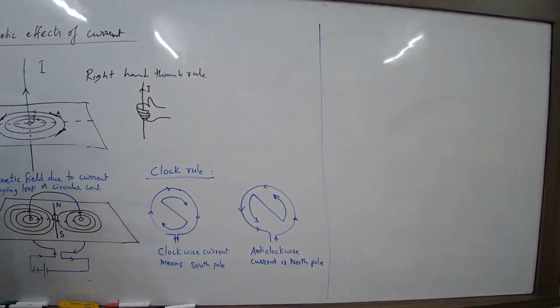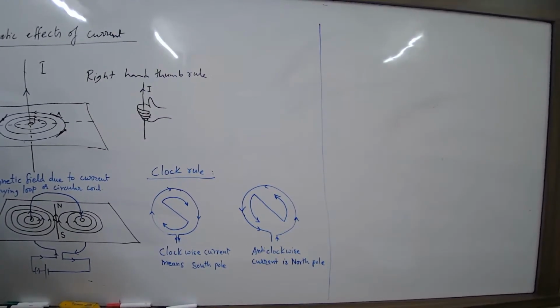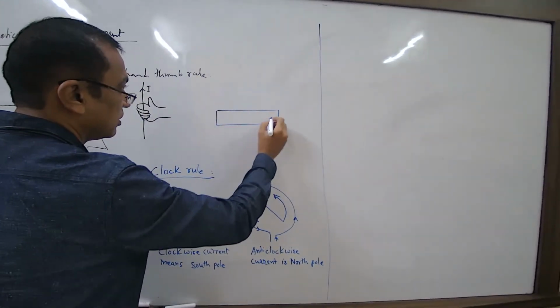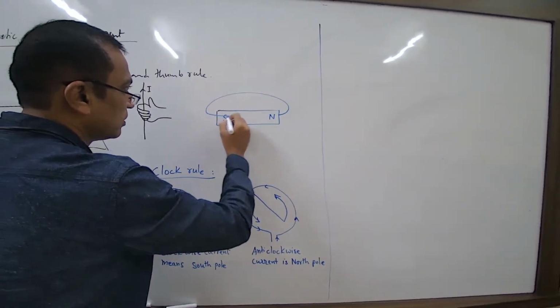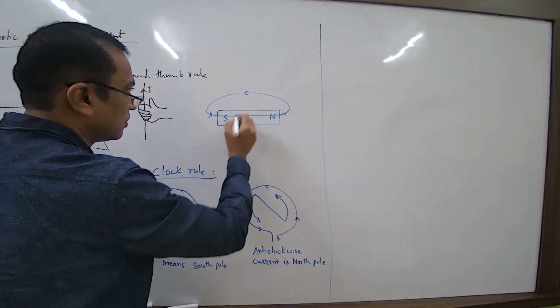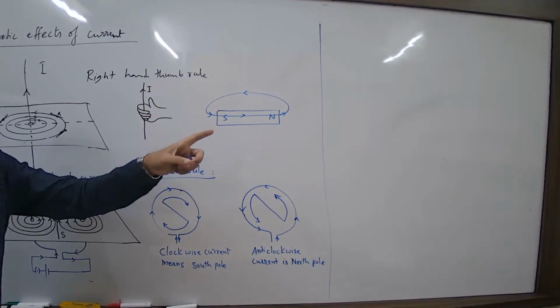So hope you are familiar, like from south pole the field enters in the magnet. You know that, right? Whenever you have a bar magnet, you know this, right? North and south. How is the field pattern? Like this. It is a closed loop. In the first lecture I told you, right?